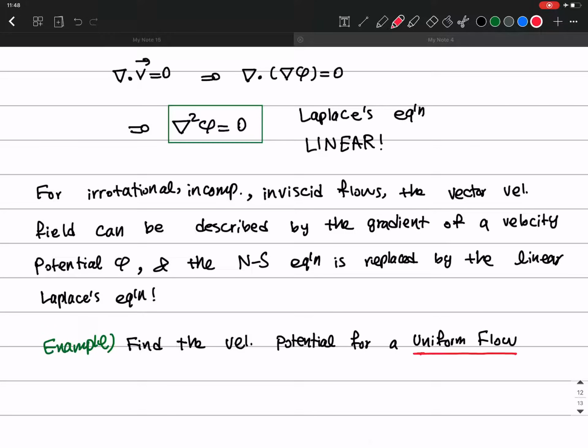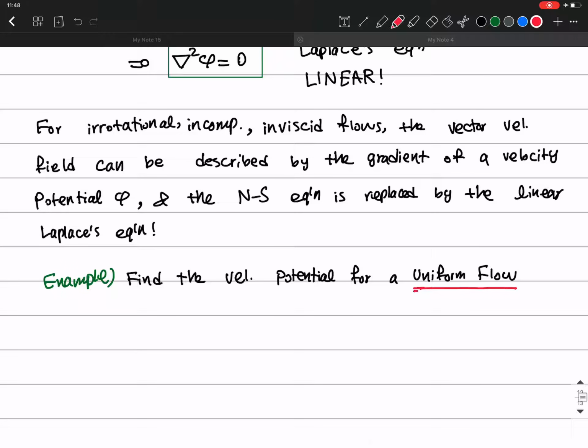So for a uniform flow, let's find the velocity potential.